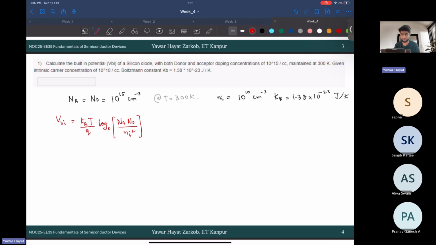So your VBI would be 0.026 times the natural log of Na Nd. Taking the product, this would be 10 to the power 30, whole divided by Ni square, which would be 10 to the power 20. Just plug in the values and let me know what VBI comes out as.